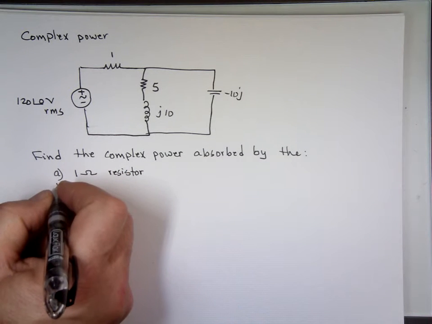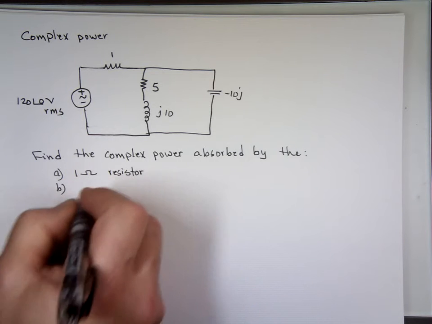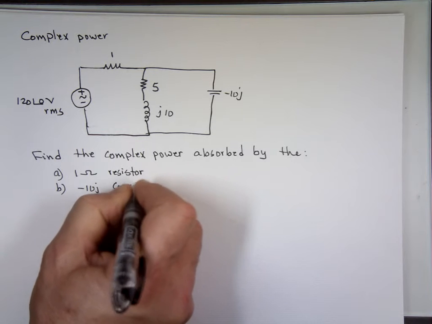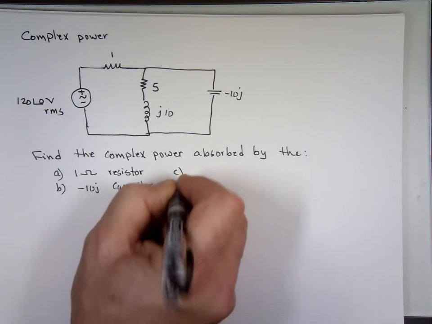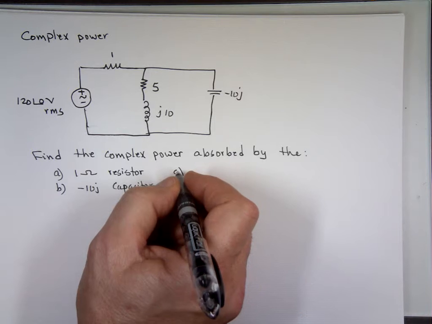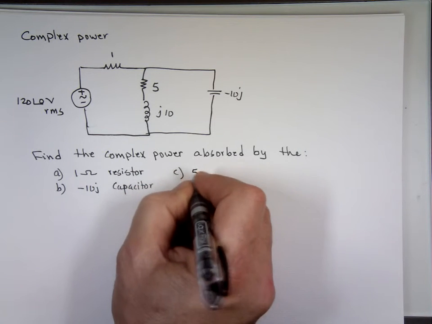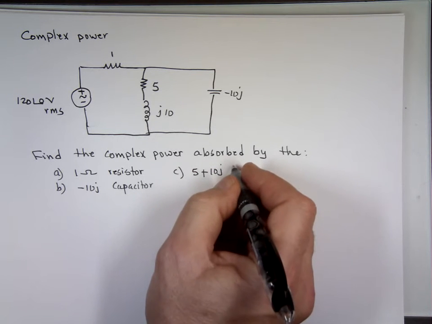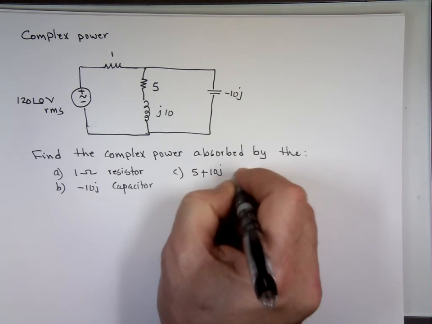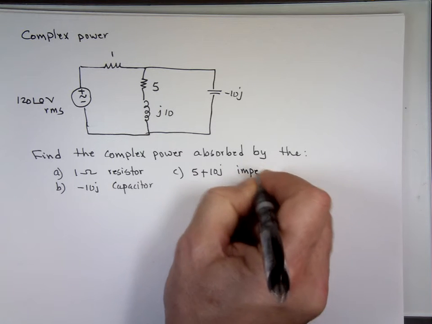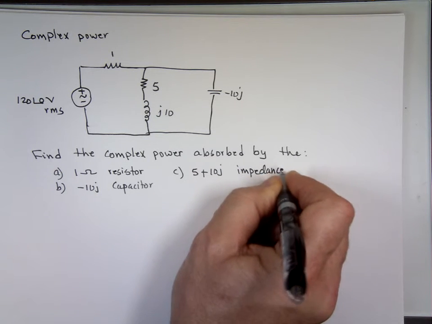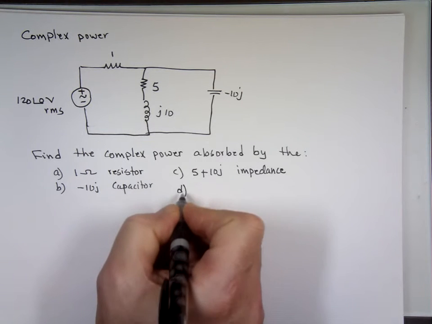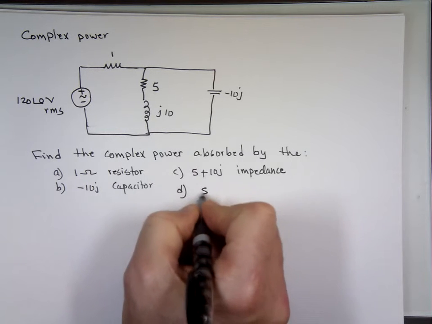B, by the negative 10J capacitor. C is by the 5 plus 10J, that's this whole source combined, 5 plus 10J impedance. And D is by the source.